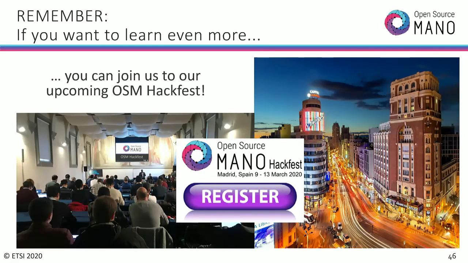Another gentleman has said that he has tried to add the K8s cluster many times and has shared the problems faced in the Slack application, and asked what is the recommended way to raise similar issues. For those that are not aware, in OSM we use Slack.